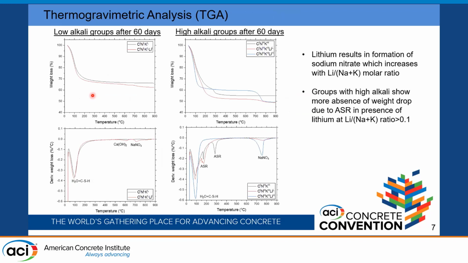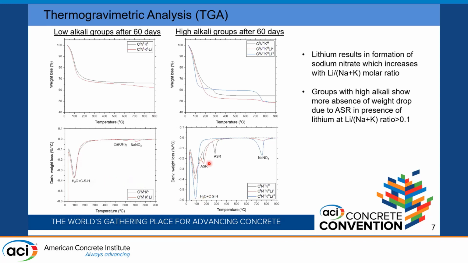We did a thermogravimetric analysis by heating from 30 to 900 degrees Celsius at 15 degrees Celsius per minute. And the weight loss shows a compound singular weight loss at 30 to 150 degrees Celsius, which can be due to the free or loosely bound water and CSH.